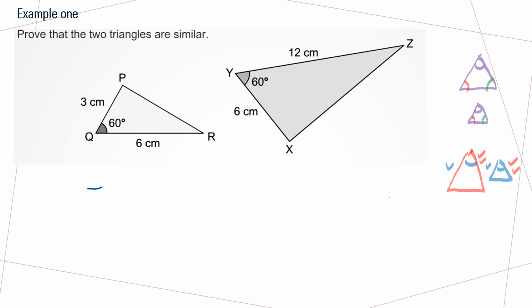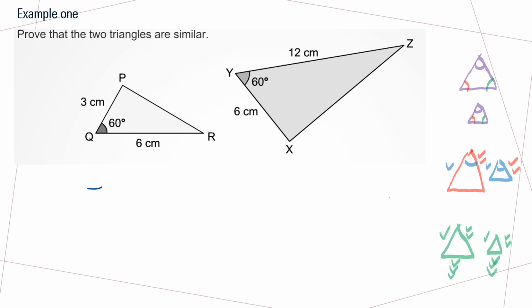If the ratio of the two corresponding sides and the included angles are the same, then the two triangles are similar. Then the last one will be three ratios of the corresponding sides must be the same. So the last one is you must be given all the three sides. So it's quite easy to remember.